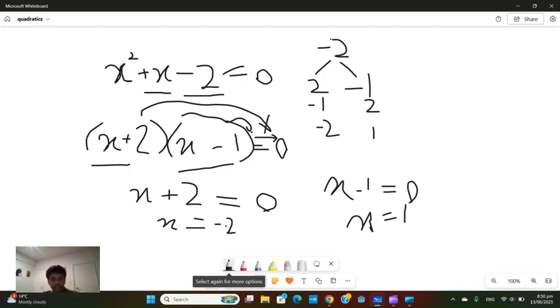We get negative 2 squared, 4. Negative 2, because x is negative 2, so 4 minus 2 minus 2 is 0. So that's correct. And with x equal to 1, we can plug it in. 1 plus 1 is 2. 2 minus 2 is 0. Correct. Boom. You just solved the equation.